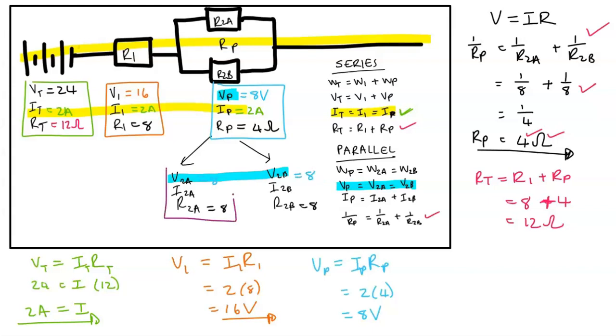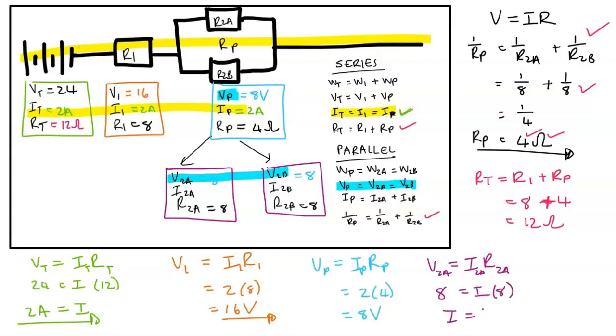Alright, almost done, just the last 2 to go. So this one and this one I'm both going to do in purple. So we have VIR, I have 2A, 2A, and 2A. V I have, that's 8. I want to determine I, and R is also 8. 8 divided by 8 is 1, so that's 1 ampere.